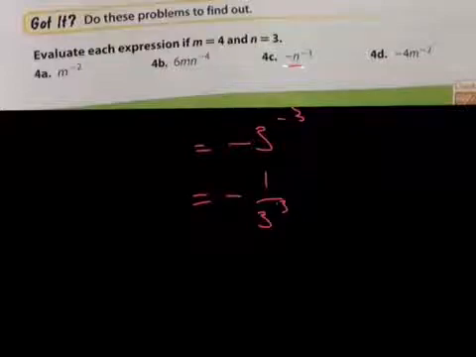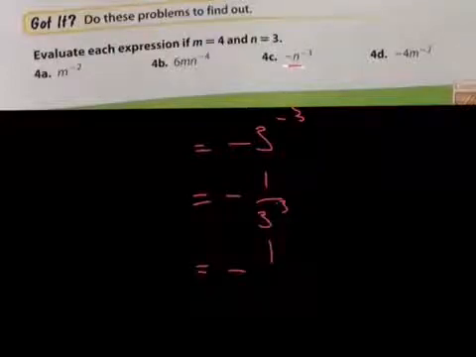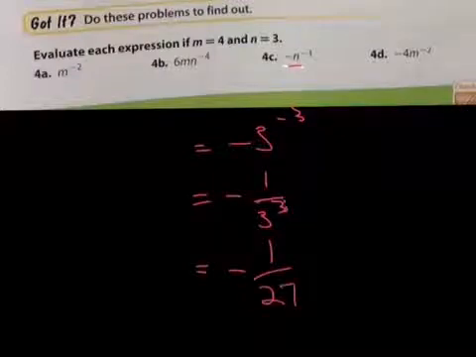And 3 times 3 times 3, remember it's a negative, it's going to equal negative 1. Oh, sorry, this right here, this little guy is not supposed to be negative because we put it over 1. Sorry for my silly mistakes. Okay, it's over 27. So it's negative 1/27.